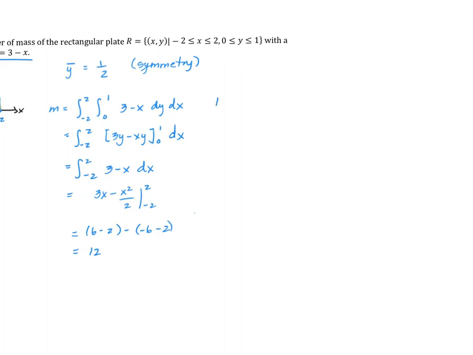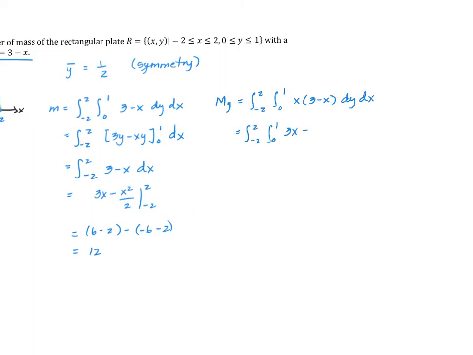Now let's do the total moments. Same limits of integration. I just have to remember to add an x into my density function of 3 minus x and dy dx. So again, it's a lot of repetition here.